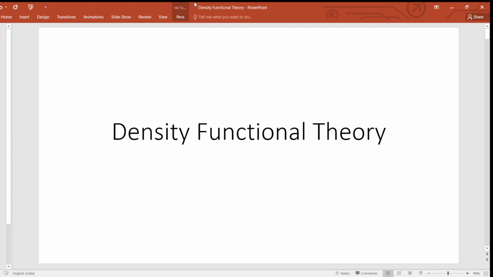So, as I was saying, as the name suggests, this term is there that is called density. What is this density? This is the density of electrons. And then we have this term that is called functional. You are all familiar with the term function.